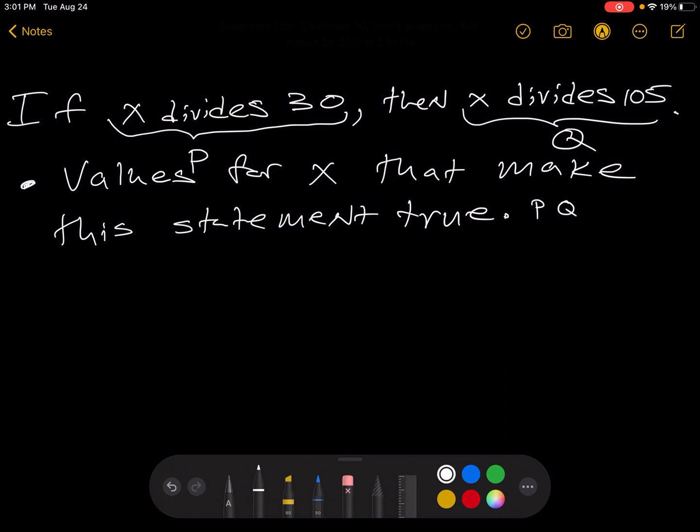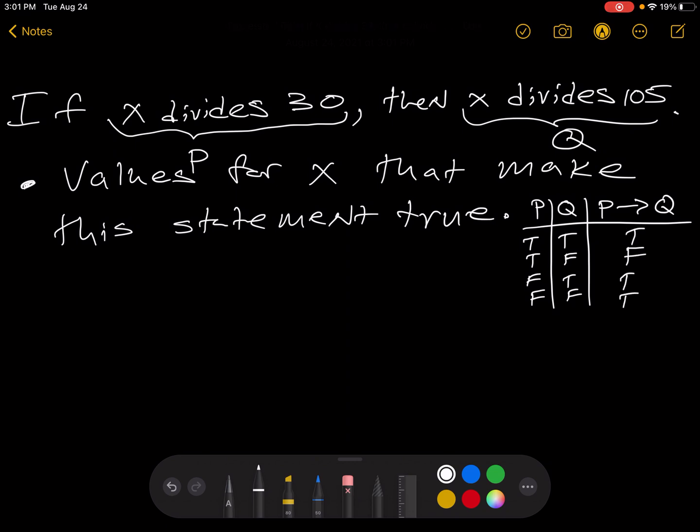P, Q, P implies Q. All right, we want statements that make it true, so we can eliminate this row where things are false.